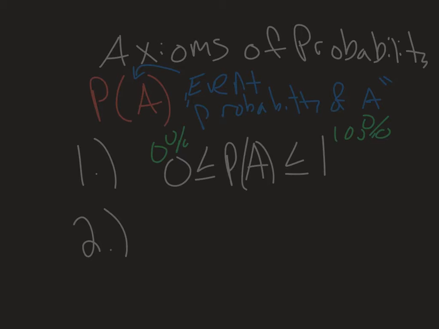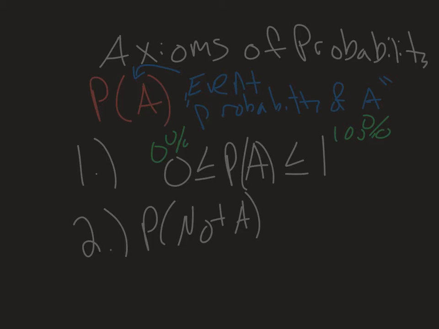So if we're looking at this, the probability of not A, meaning the probability that A doesn't happen. So for instance, if I'm thinking about, okay, what's the probability that I don't roll a 4 on a standard single die? That would be the kind of question we're looking at here.